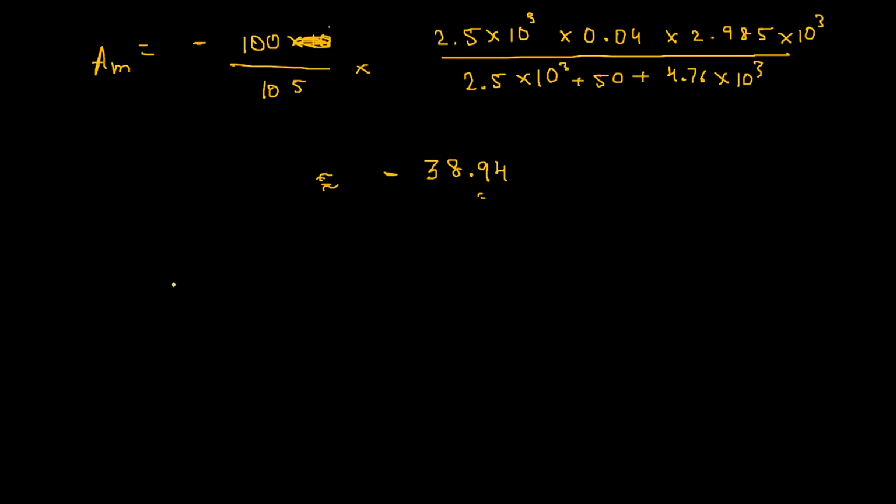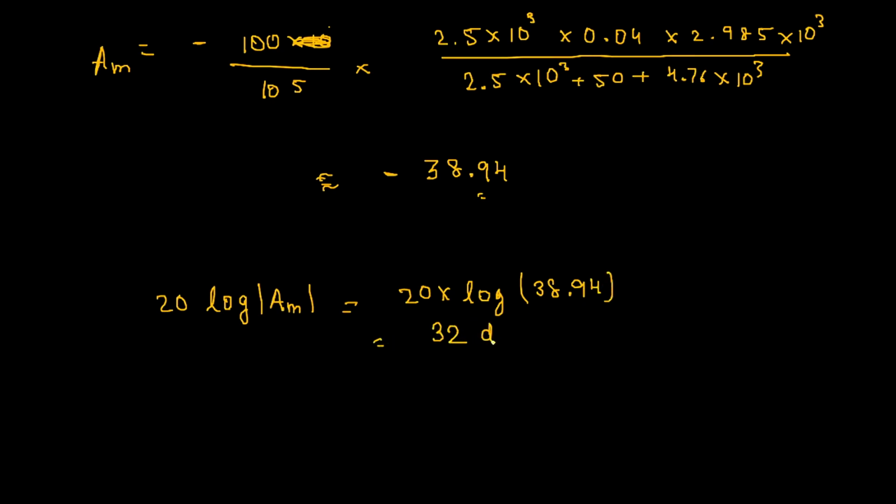So we know that the actual midband gain is given by 20 log mod of AM. So that means 20 into log of 38.94. This gives us 32 decibels. So now we have our midband gain. We have done half of the question.